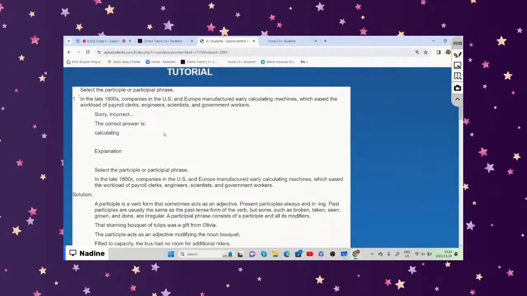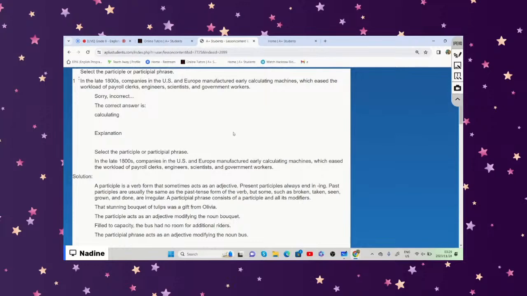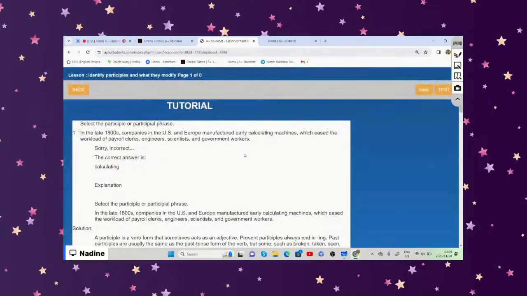So that is basically us identifying participles and what they modify.